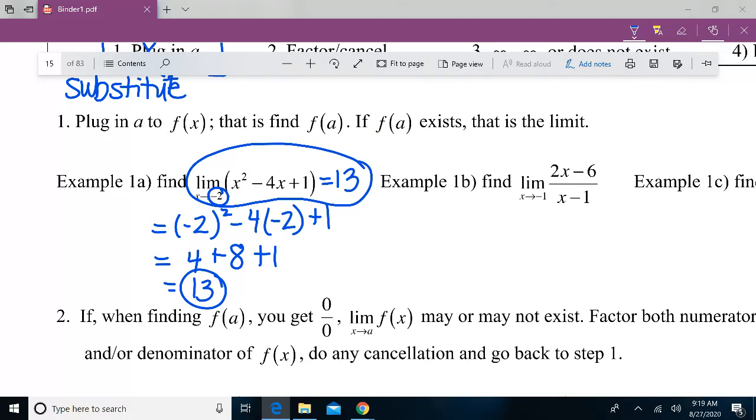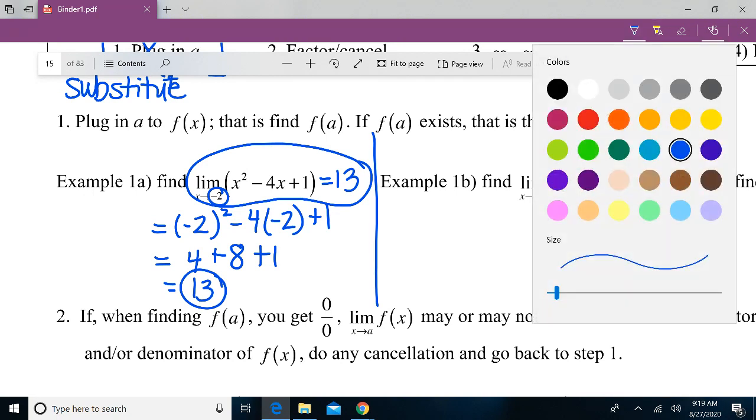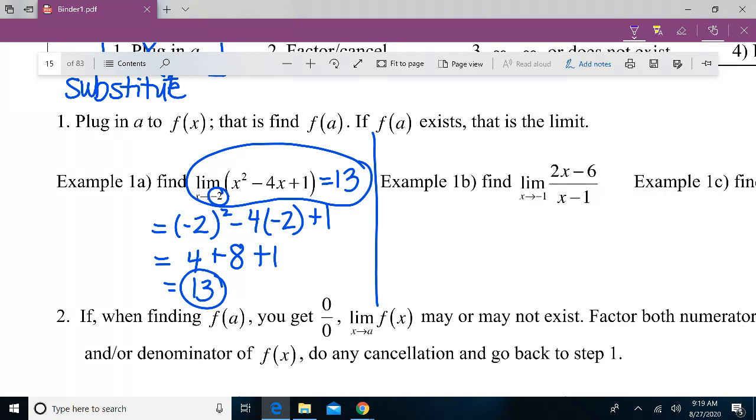Another example right here, I have to find the limit as x approaches -1. Let's choose a different color. Of 2x minus 6 over x minus 1. So again, I'm going to try direct substitution. I'm going to substitute a -1 in for each of these x's. So I'll say that that is equal to 2 times -1 minus 6 over -1 minus 1.